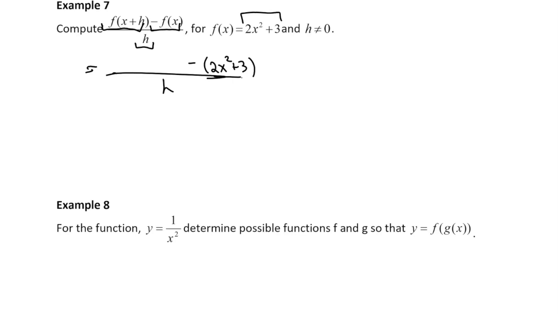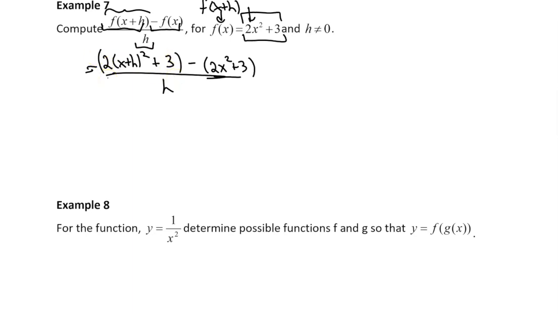And then aside from that, you have f of x plus h. And this is a part that really trips some people up. And so what it means is this: if f of x is equal to 2x squared plus 3, then what would f of x plus h be equal to? So it means that wherever I have an x, I'm going to replace it with an x plus h. So I'd have 2(x plus h) squared plus 3.